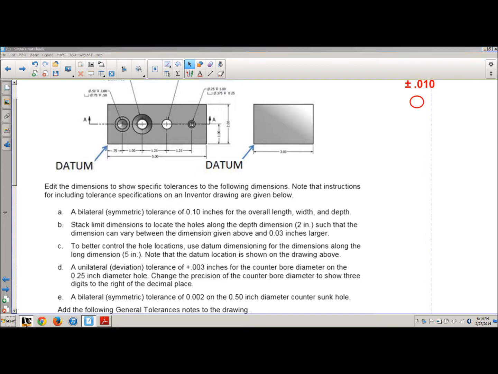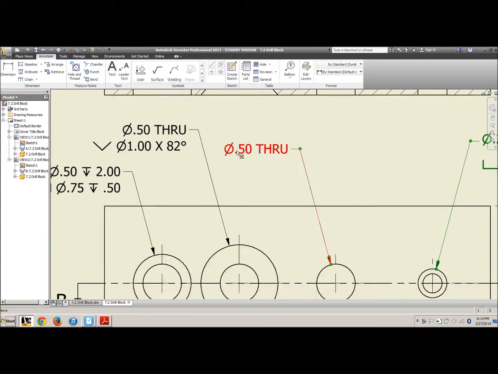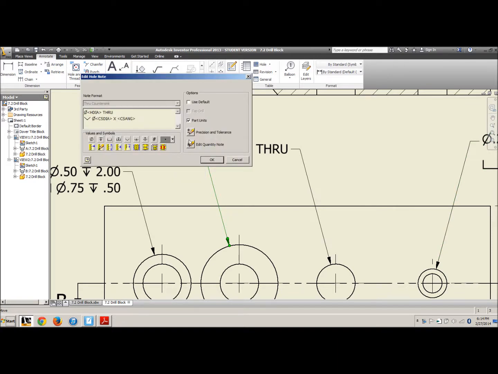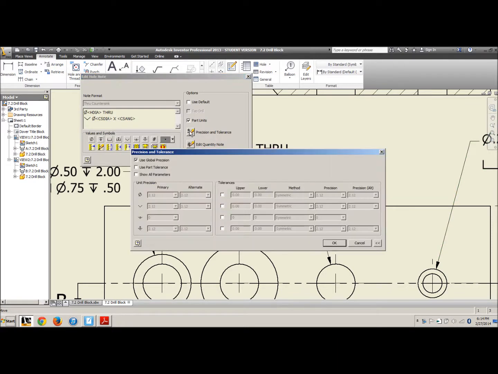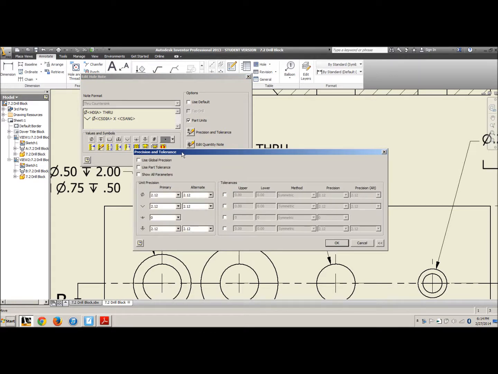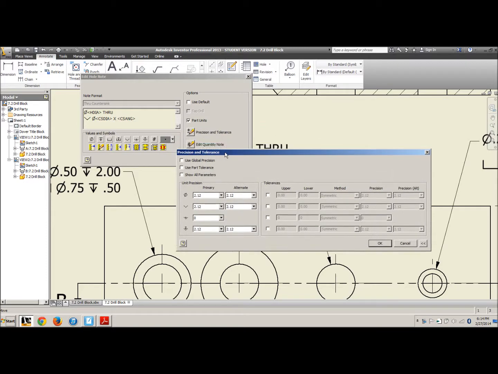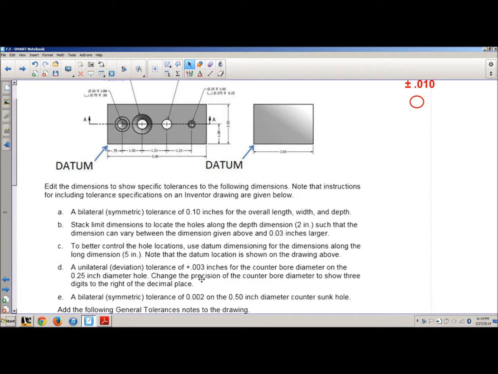So we're going to have to figure out where that is. So if I edit my hole note, do my precision and tolerance, of course I need to uncheck the global precision, and the diameter, what are we changing that to? 2/1000 of an inch.